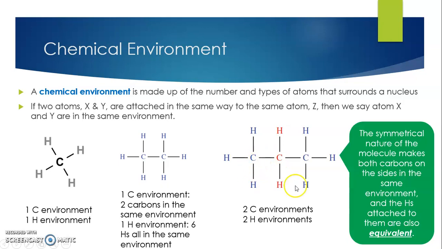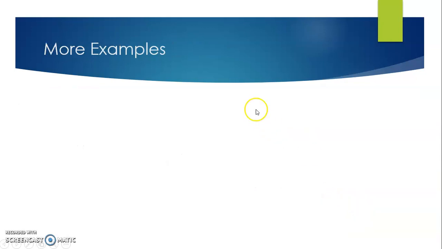And if the carbons are in the same environment, the hydrogens connected to those carbons will also most likely be in the same environment. We normally say that these six hydrogens are equivalent hydrogens. Let's see some more examples to build up the intuition towards it.